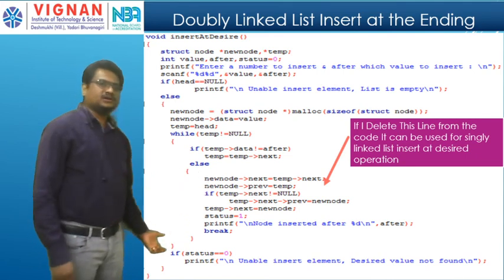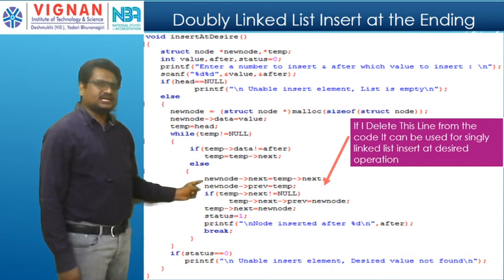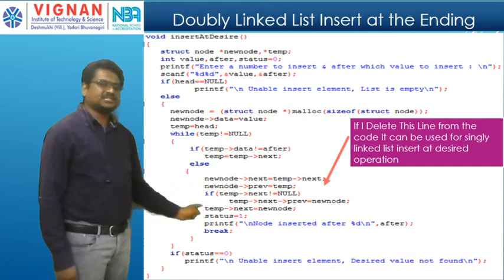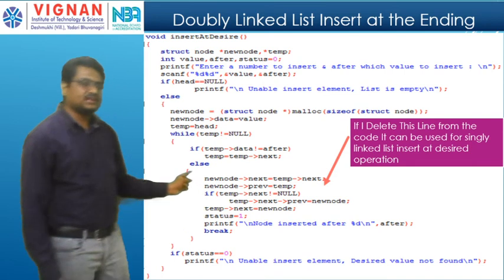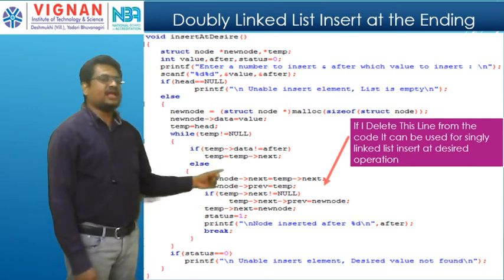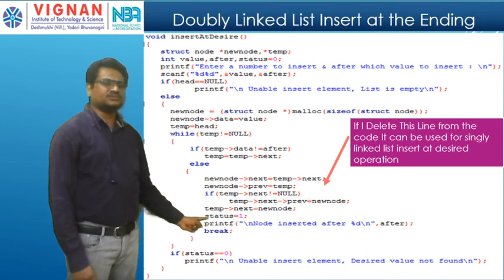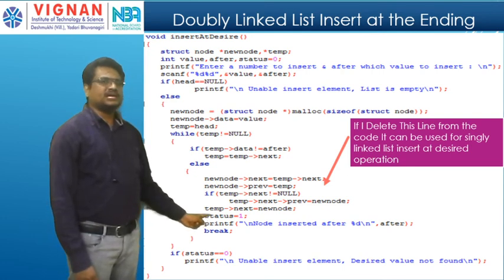Now here, see, in the else condition, it is a success message. If the program reaches the else, that means I found the desired element, then I inserted the value. That's why here you can see status equals to 1. Status equals to 1 means it is success.